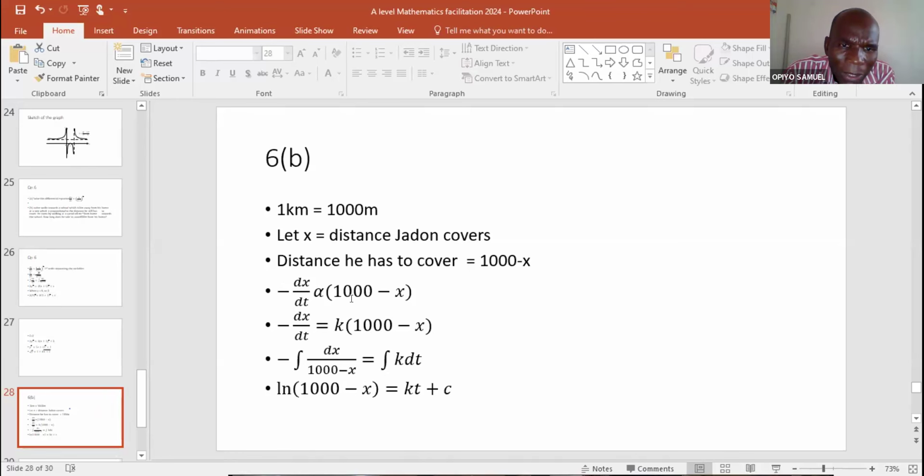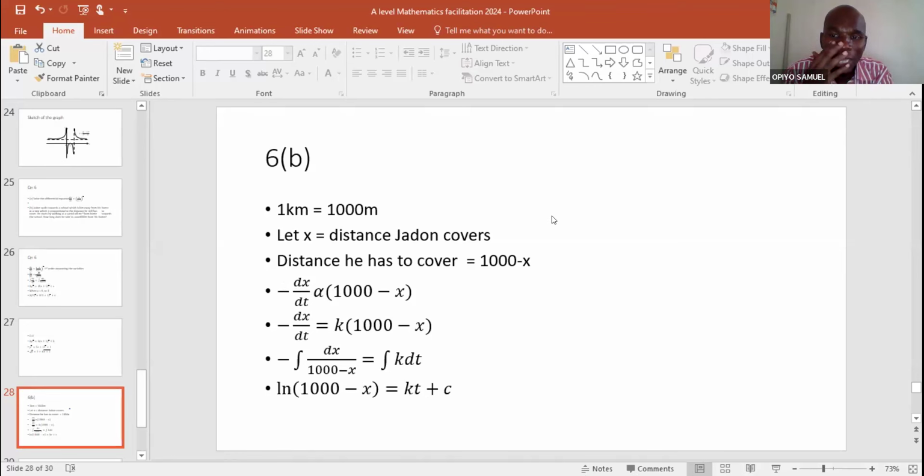Then using the initial conditions, you are able to find the constant C and constant K. So this is what I had prepared for you. Having expressed the differential equation, you are able to determine the solution. Thank you. That's what I have.